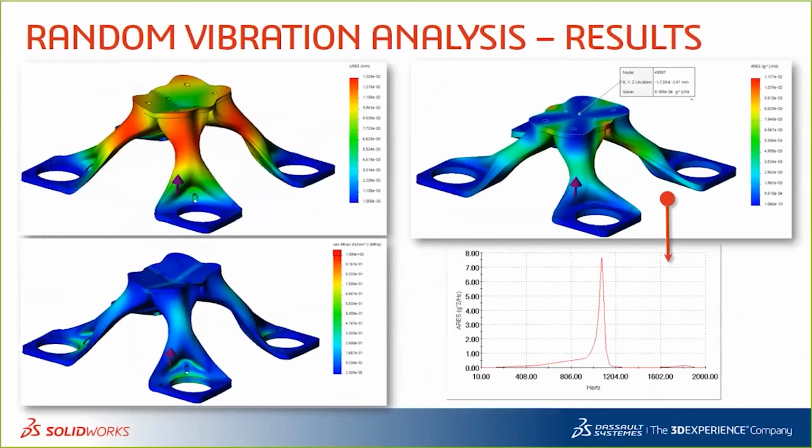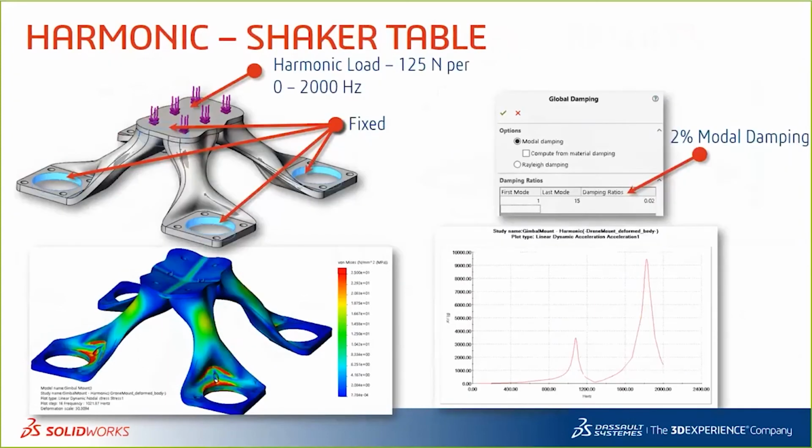So the goal here is to try to avoid any operational frequency at right around 1200 hertz to avoid resonance. And this can be done using many different methods, such as changing the design, changing the speed of the motor, or even perhaps changing material.